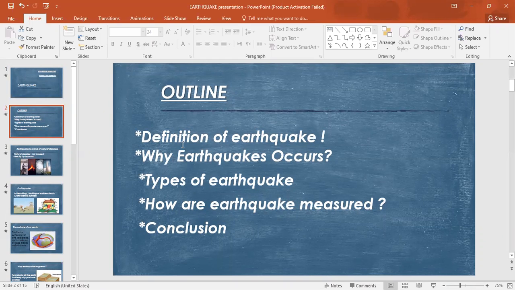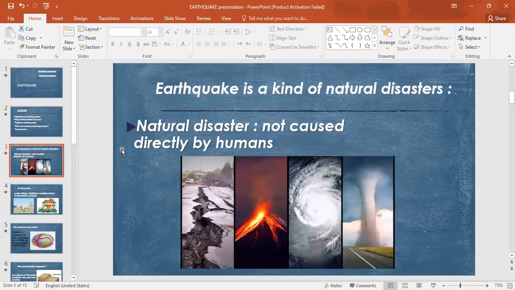After that, we will discuss the measurements of earthquake, how earthquakes are measured, and after discussing all of these, we will go through some precautions that we have to take during and after earthquakes. So let's get started with earthquake.